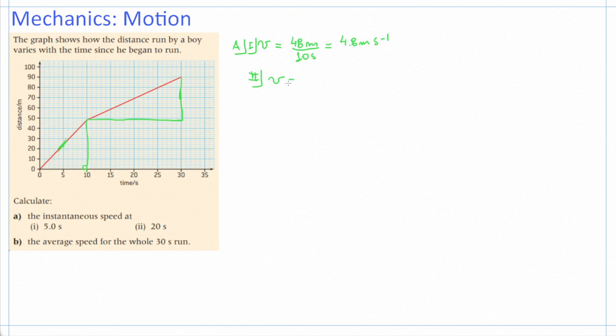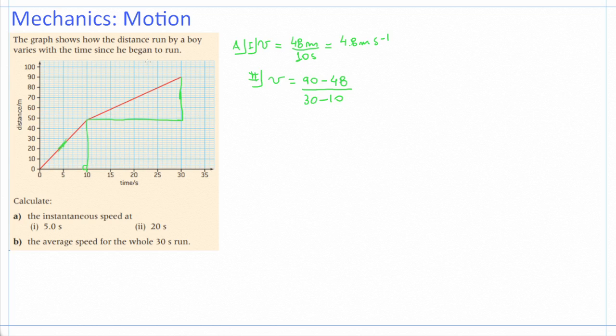So speed would be, now rise, we have gone from 48 to 90, over how long? So 30 seconds minus 10, I know this is 20, right? That's the base of this triangle, but mathematically that's what we do.